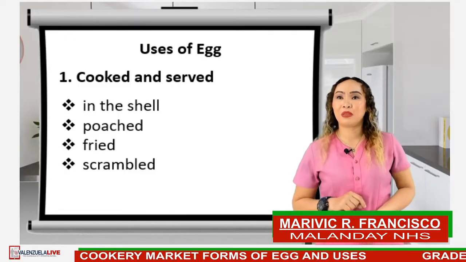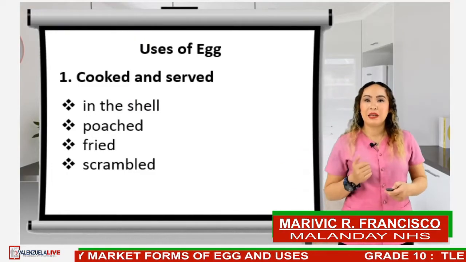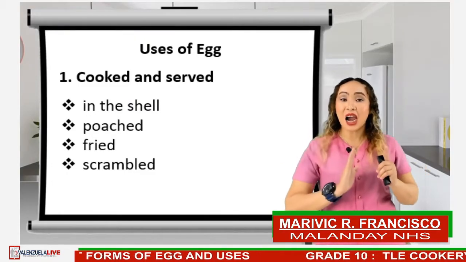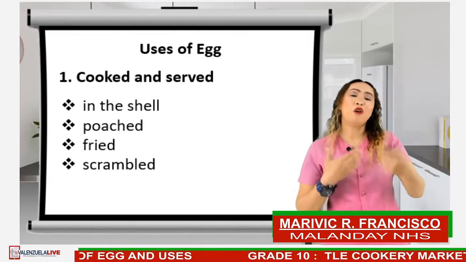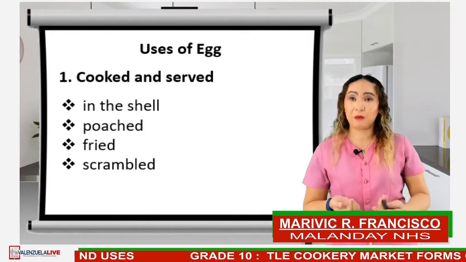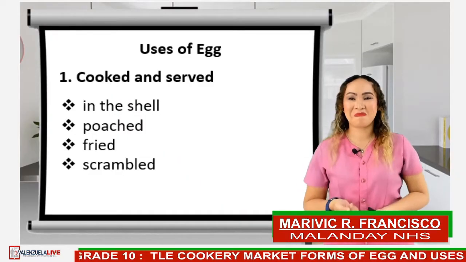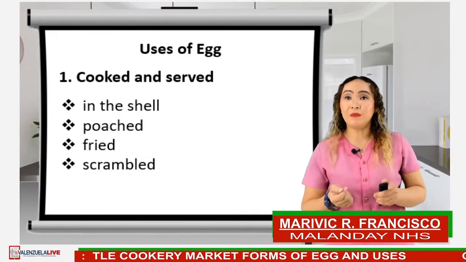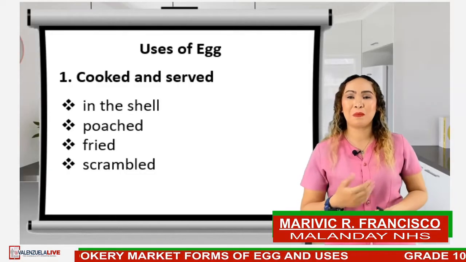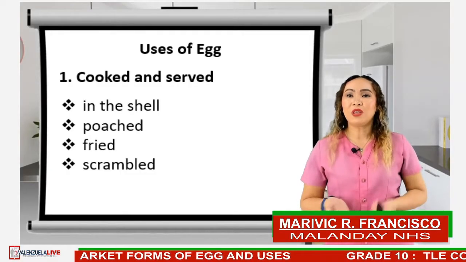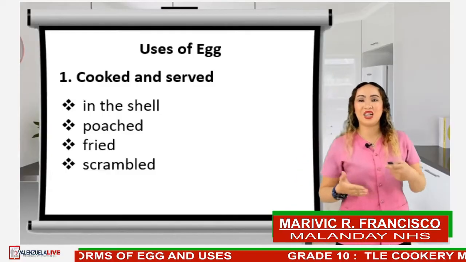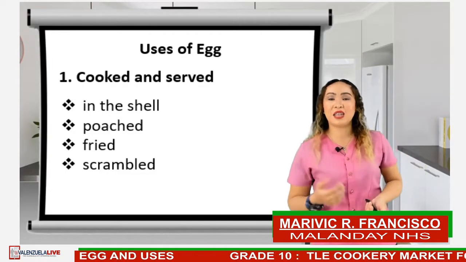Next, in the shell, there is a certain time on how you are going to cook the egg. For soft-cooked, 5 minutes simmering. For hard-cooked, 15 minutes simmering. For poached, cooked in simmering water, then the addition of salt and vinegar hastens coagulation.